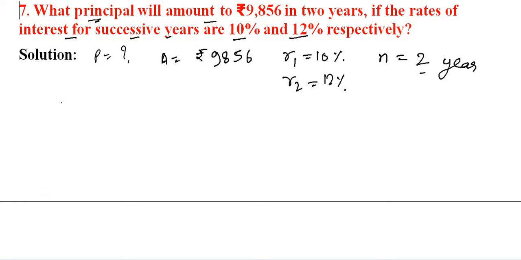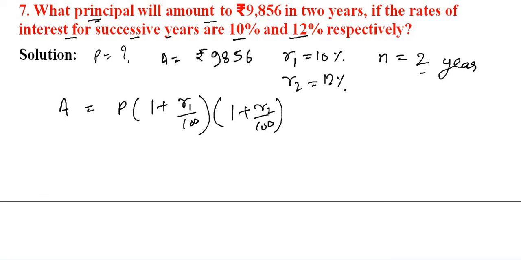Okay, now we will apply the formula of A. A is equal to P into (1 plus R1 upon 100) and (1 plus R2 upon 100). Because the rate is different, we will not apply it as a power, we will write it separately. P is what we don't know. 1 plus R1 is 10 upon 100 and 1 plus R2 is 12 upon 100.